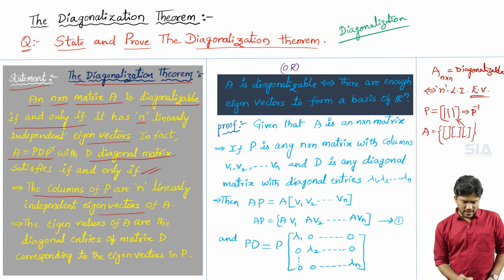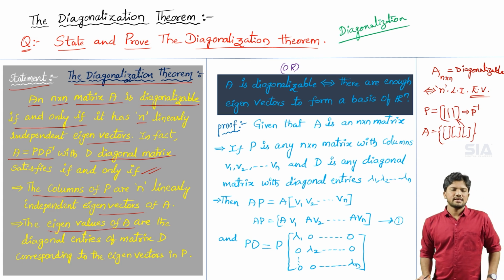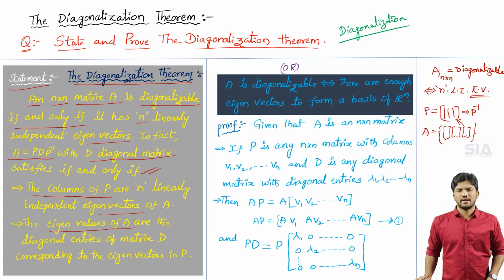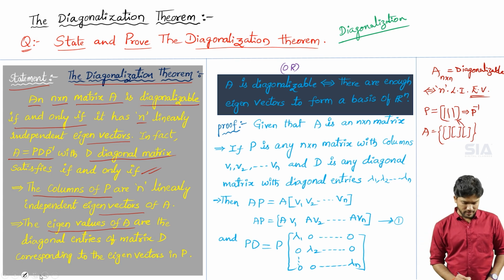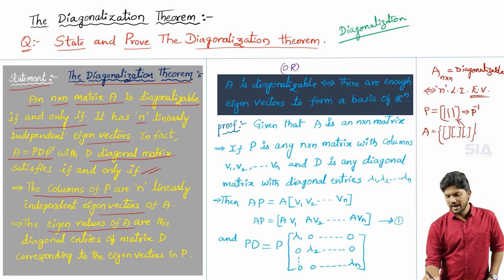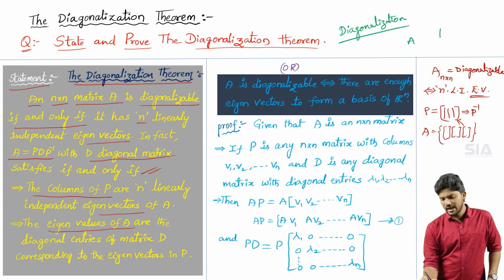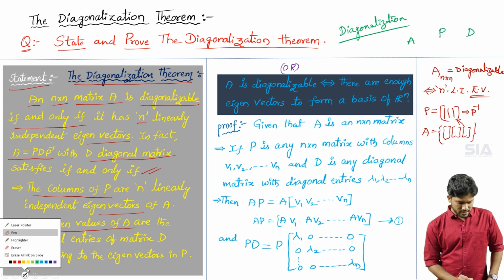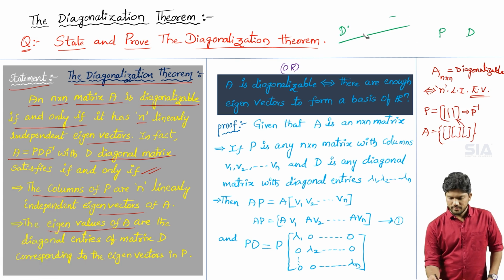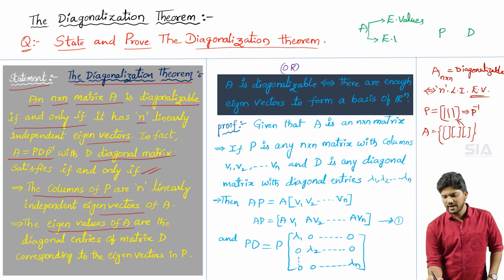Second condition: the eigenvalues of capital A are the diagonal entries of matrix capital D. Here we have three matrices overall: matrix capital A, matrix capital P and matrix capital D. For matrix capital A, we get eigenvalues, and for the same matrix capital A we get eigenvectors.